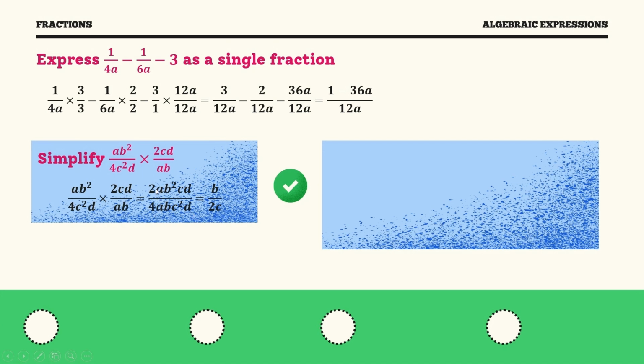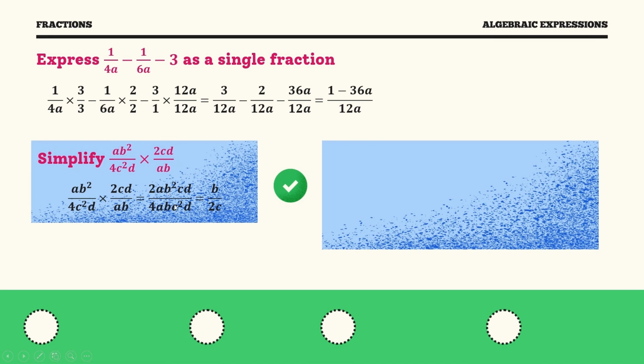If we simplify the 2 divided by 4, we've got 1 over 2. And a divided by a is 1, so the variable a is gone. And also d divided by d is 1, so the variable d is gone too.